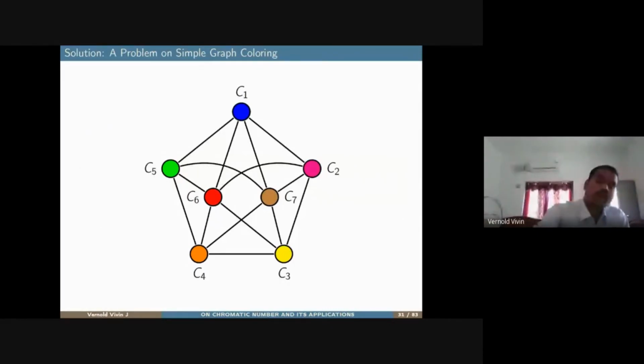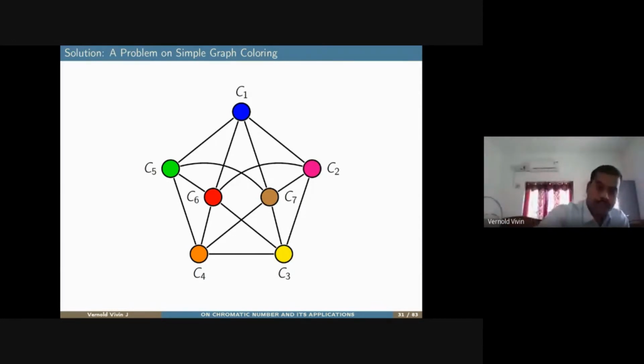C1 is adjacent to C5, which means that a particular teacher in the class C1 will be going for class C5 also. Similarly, C1 is adjacent to C6, likewise C1 to C7, and C1 to C2.